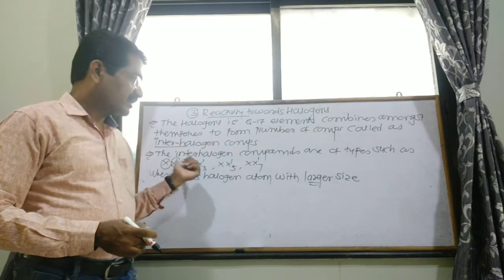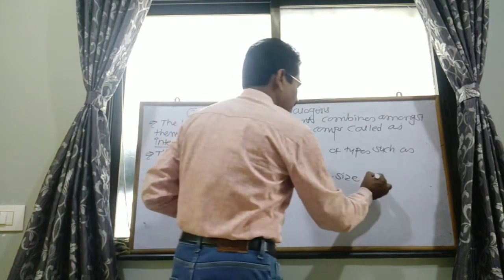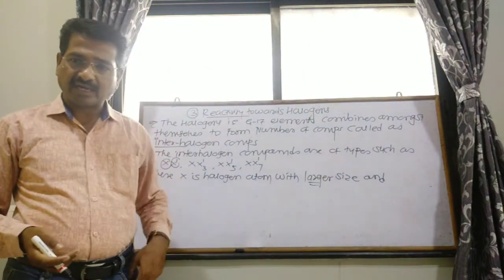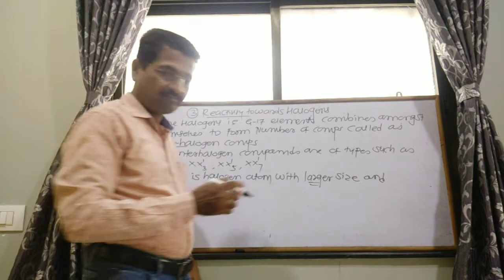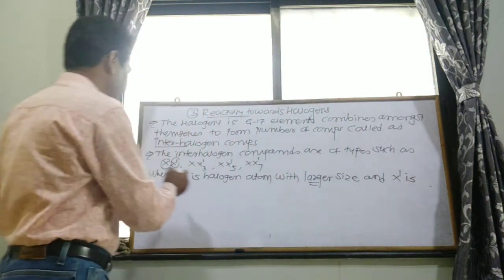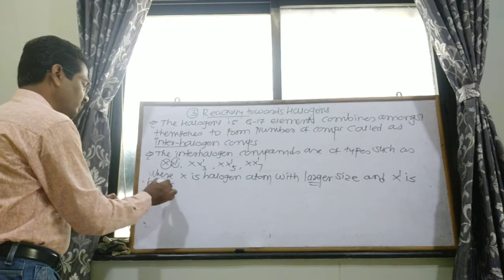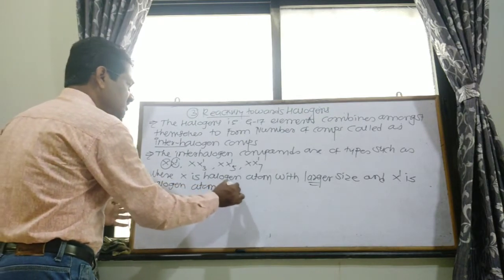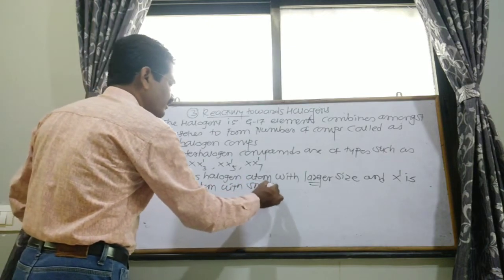Another halogen, X', is a halogen atom with smaller size.